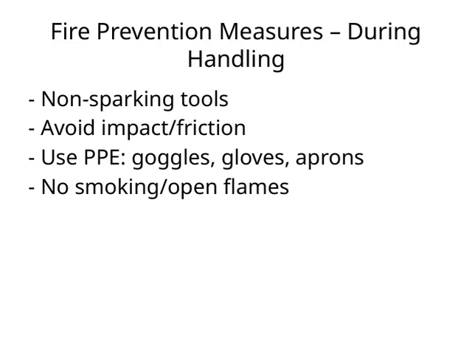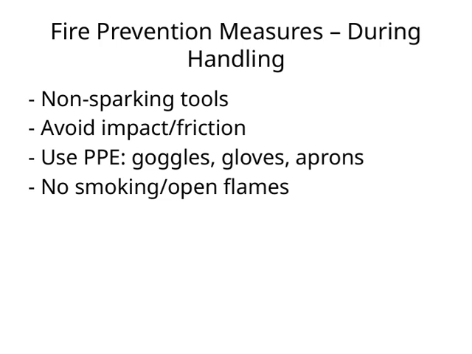When handling potentially flammable or explosive materials, it's crucial to use non-sparking tools. These tools are designed to prevent sparks that could ignite a hazardous environment. Additionally, it's important to avoid impact or friction during handling, as these actions can generate sparks or heat that might lead to a fire. Always wear the appropriate personal protective equipment, such as goggles to protect your eyes, gloves to safeguard your hands, and aprons to shield your body.